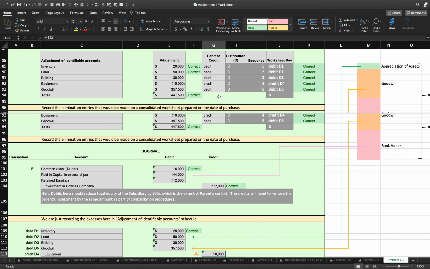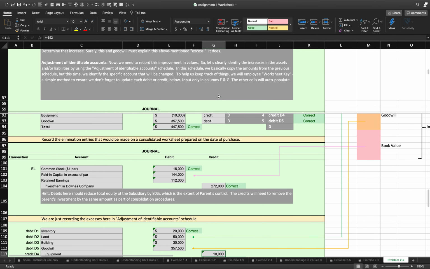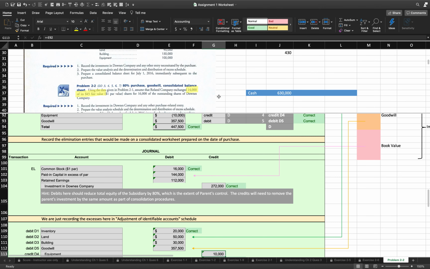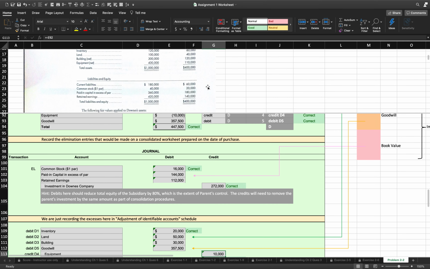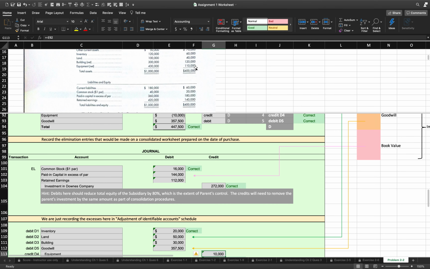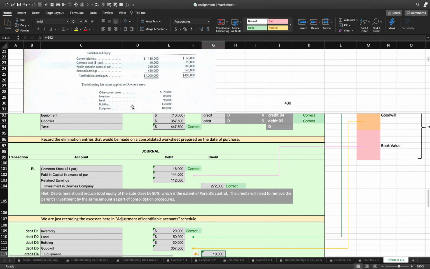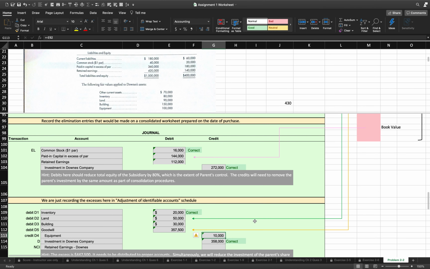So equipment's cost was previously 110,000. We reduced it via this entry by 10,000, and then it will reflect the market value of 100,000 automatically after this entry is done.